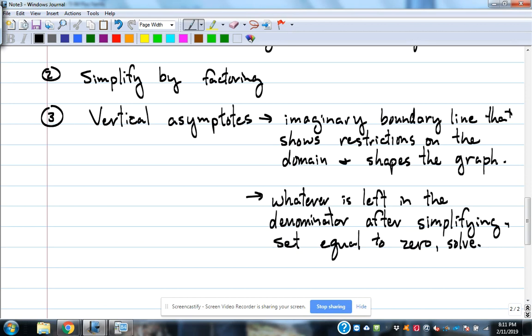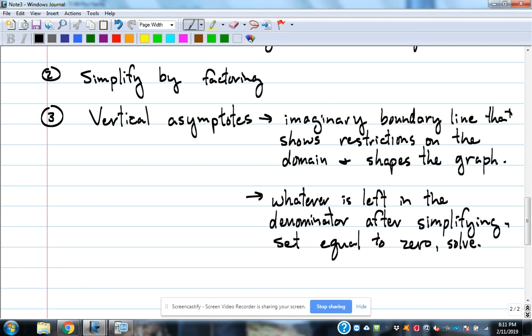Vertical asymptotes are oftentimes going to match your domain. Things that X cannot be. Won't always be exactly the same. There are times where if you simplify and a factor cancels out, you may have more things cut out of your domain than there are vertical asymptotes. You may have 3 numbers that X can't be in your domain, but there may only be 2 vertical asymptotes.